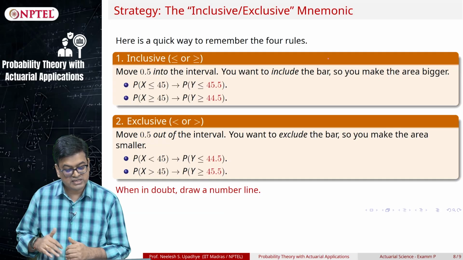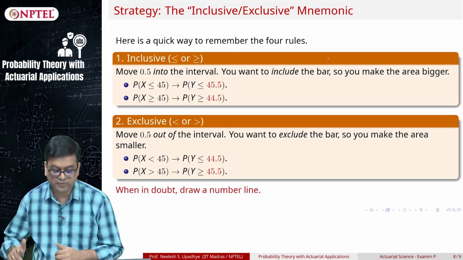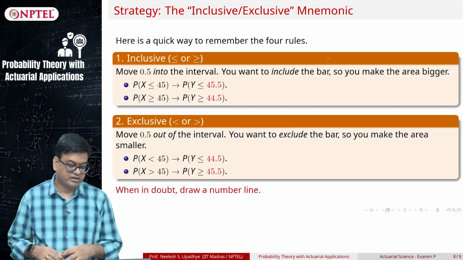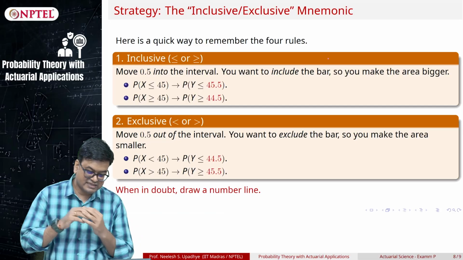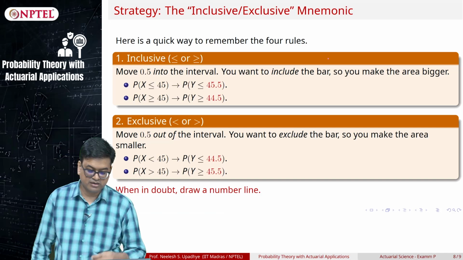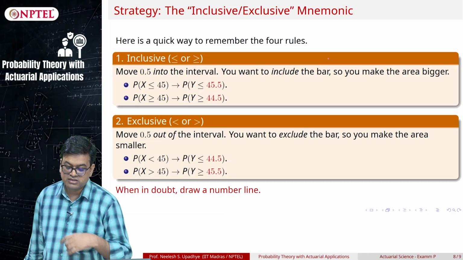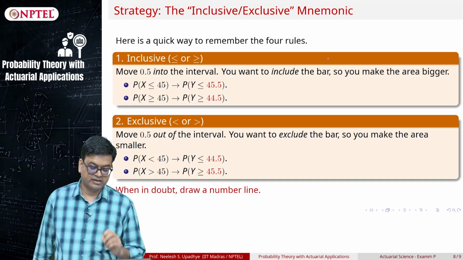Because it is greater than, you will move ahead, which is 45.5. So, Y greater than or equal to 45.5. So, if you have strictly less than or greater than signs, you move out of the interval by 0.5 units. You are excluding that bar so that the area becomes smaller, that is the idea.